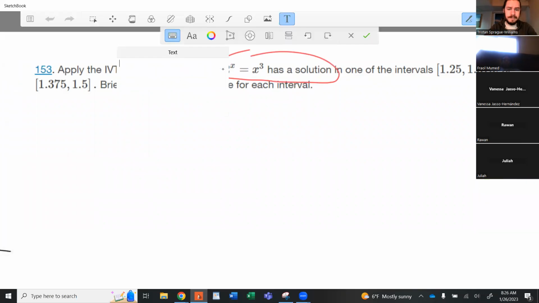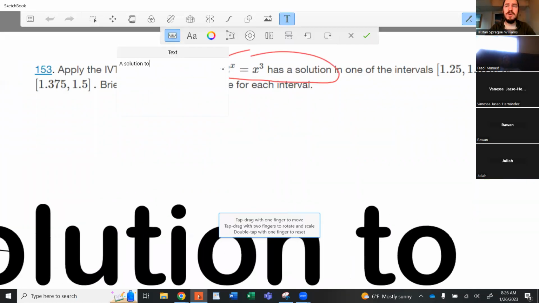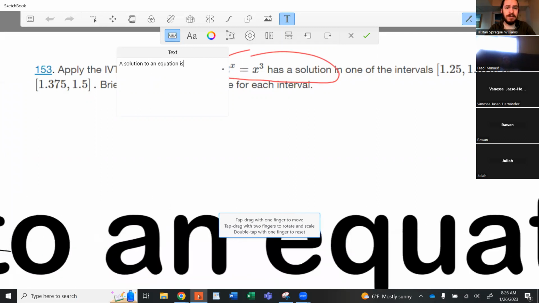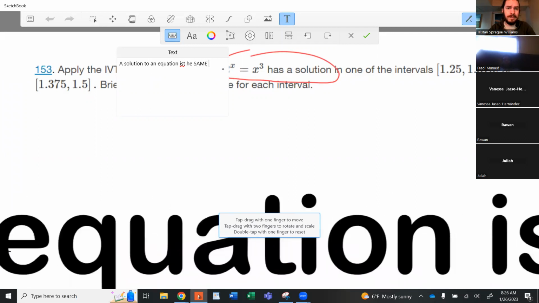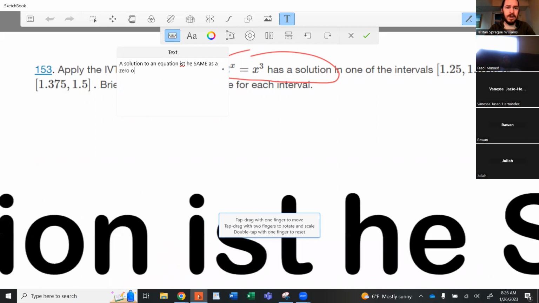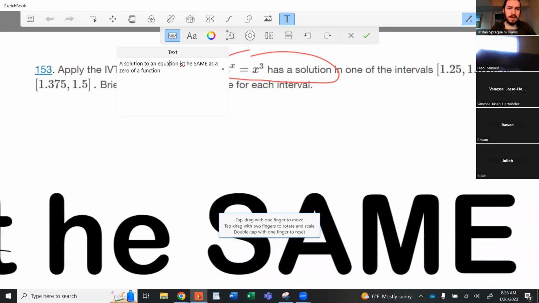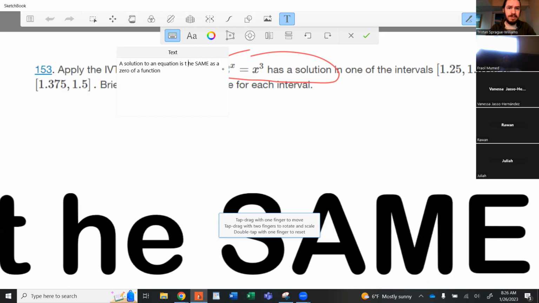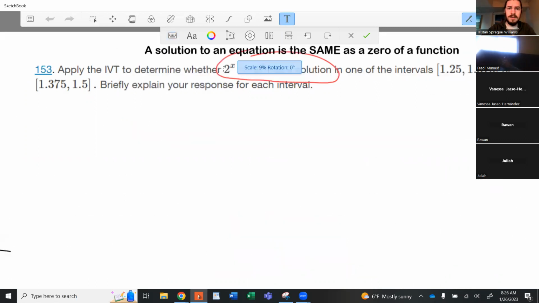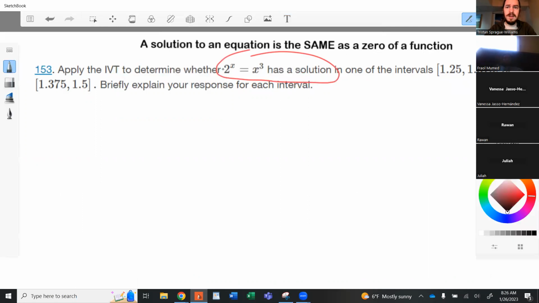So here's the key insight: a solution to an equation is the same as a 0 of a function. That's something that you may have been taught in pre-calculus. Does that sound familiar? This whole idea of solving equations goes hand in hand with finding zeros of functions.